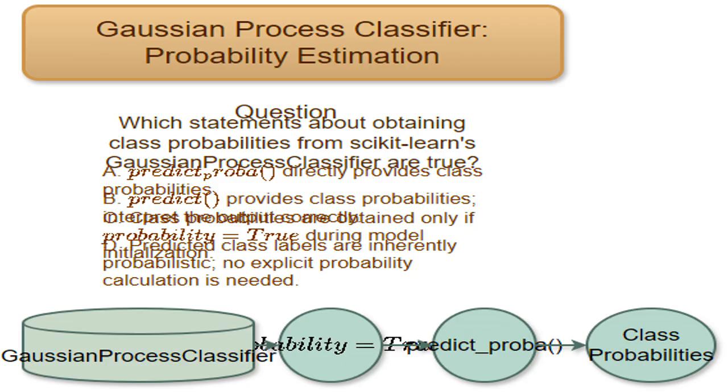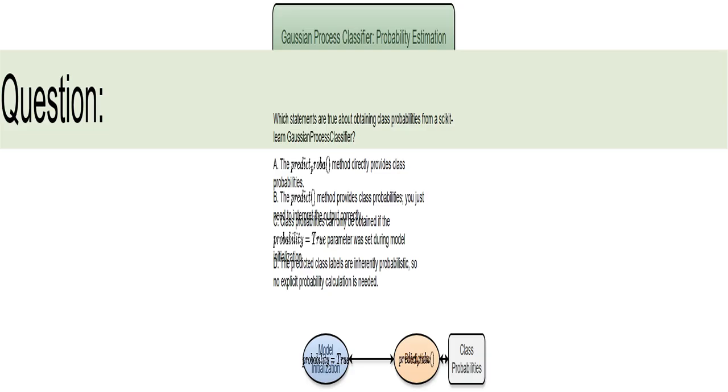This is the overall theme of the quiz, focusing on how to obtain probability estimates using the Gaussian process classifier. I am asking you this question to test your understanding of how to get probability estimates from a Gaussian process classifier in scikit-learn.